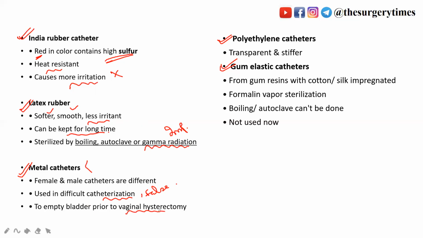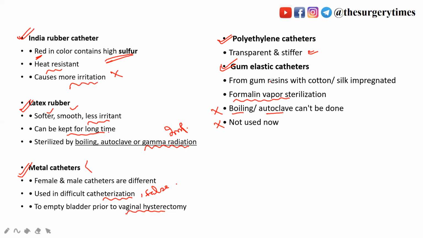You should remember the uses. Polyethylene catheters are transparent and stiffer. Now, gum elastic catheter is not used nowadays, and sterilization by boiling or autoclave is not done; it is done by formalin vapor sterilization.